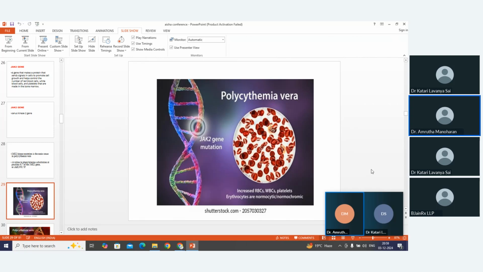In that case, we can say the patient has polycythemia. There are many symptoms of polycythemia, and they vary from person to person.